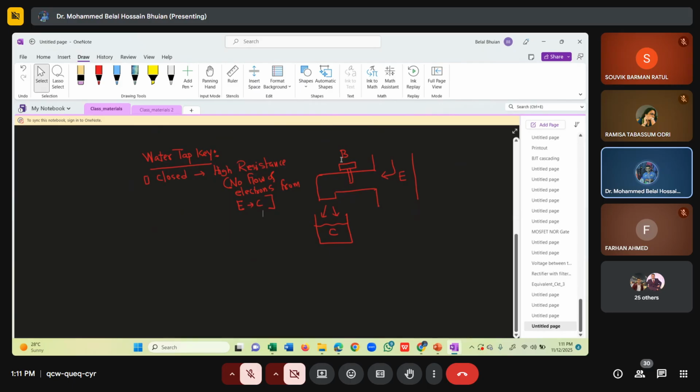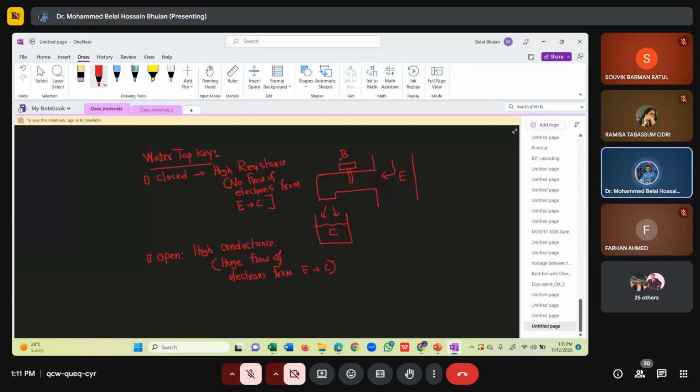If it is all the way open, it is like very low resistance, high conductance, and there is flow of electrons from emitter to collector.